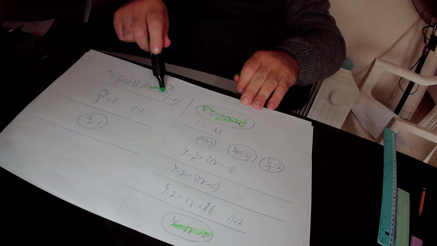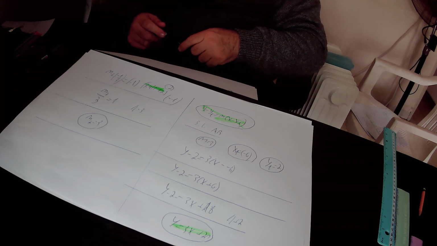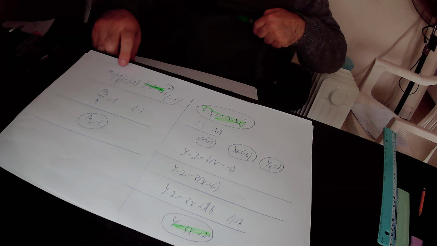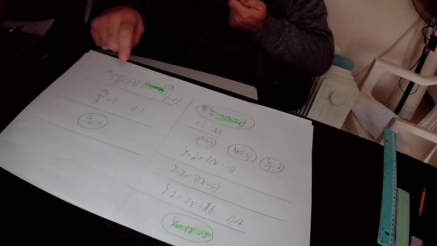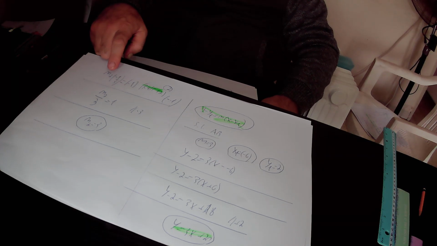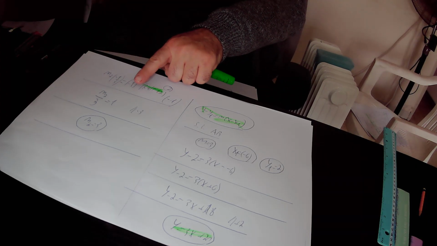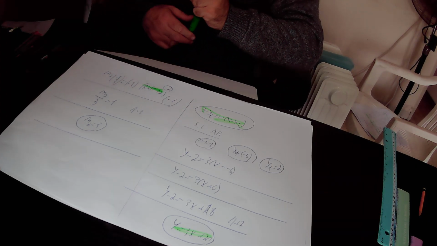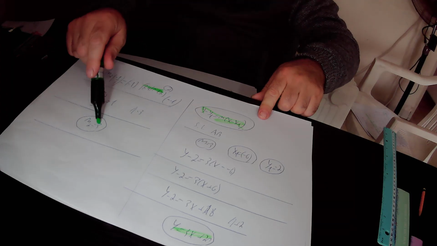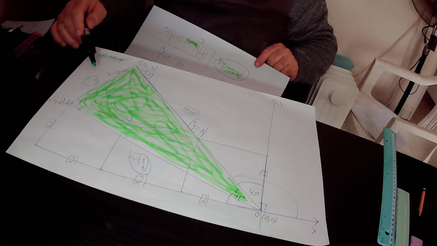Here we multiplied this equation by minus 1. Minus times minus is plus, so here we have M2 over 3, and minus 1 times minus 1 is 1. So M2 over 3 equals 1. Here we multiplied this equation by 3 and found out that M2 equals 3. That is to say, the slope of this straight line AB equals 3.